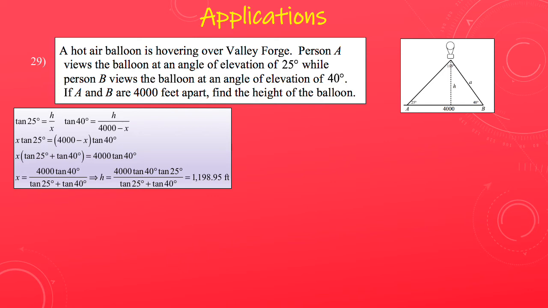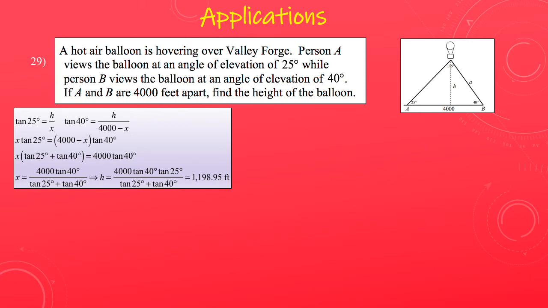Cross multiplying, we get statements that are both equal to h, and therefore x tangent 25 degrees is equal to 4,000 minus x quantity tangent 40 degrees. Bringing all the x's to one side and factoring, we get x quantity tangent 25 degrees plus tangent 40 degrees is equal to 4,000 tangent 40 degrees. And therefore x is equal to 4,000 tangent 40 degrees over tangent 25 degrees plus tangent 40 degrees.